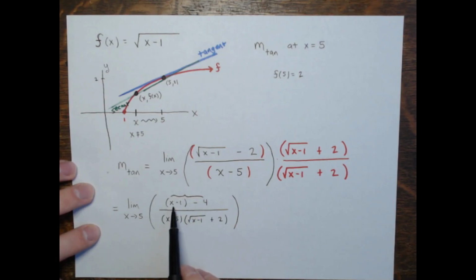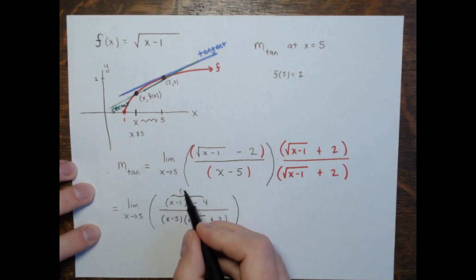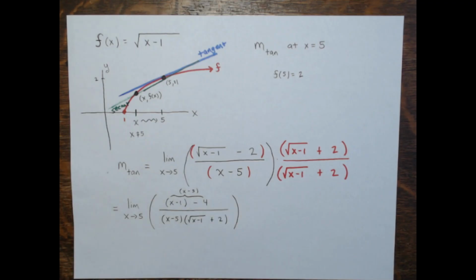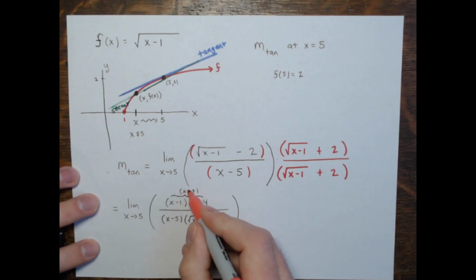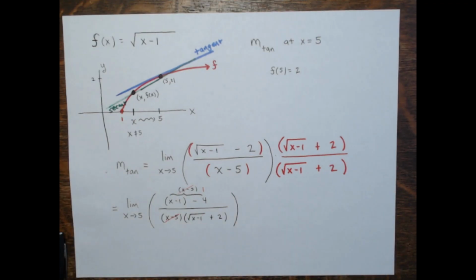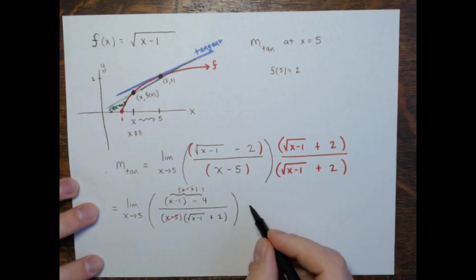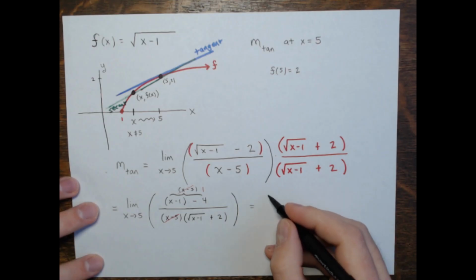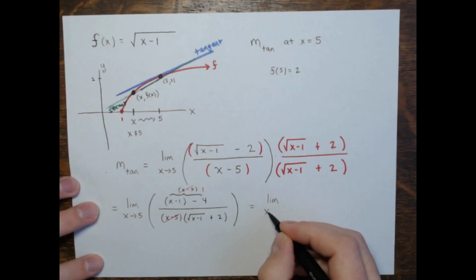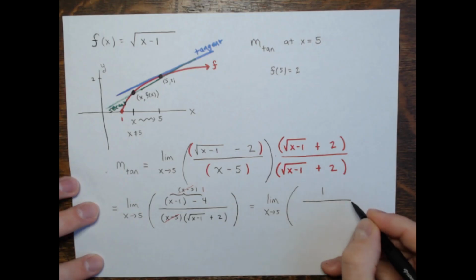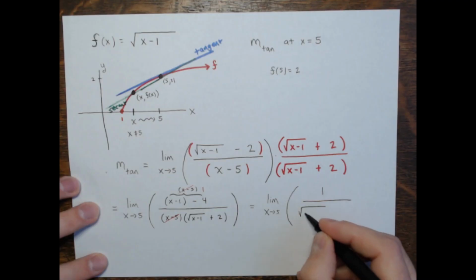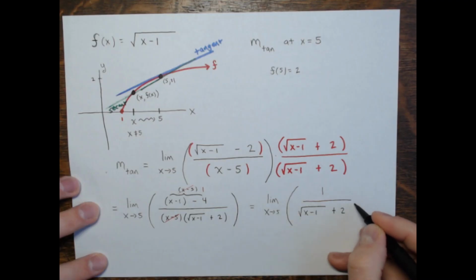This numerator, x minus 1 minus 4, that is x minus 5 when you put them together. And since x is not 5, these x minus 5s will be the same non-zero number, so they will divide to be 1. So don't forget, though, when an entire numerator or entire denominator cancels, there's still technically a 1 there. So we have the limit as x approaches 5 of 1 in the numerator divided by this conjugate from earlier, the square root of x minus 1 plus 2.